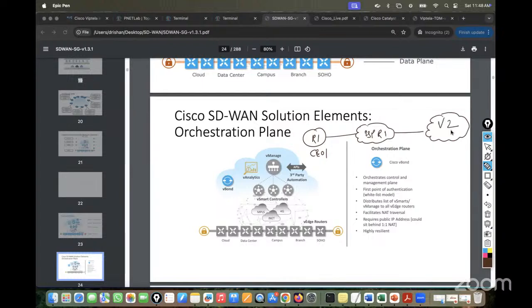Just think about Verizon. This Verizon is further connected with another router, your C2 router. This is the public IP, this is the public IP, this is another public IP. But here you have the private IP address.